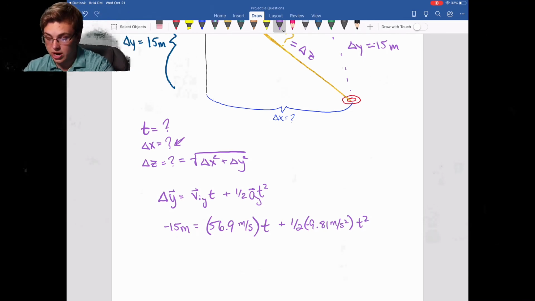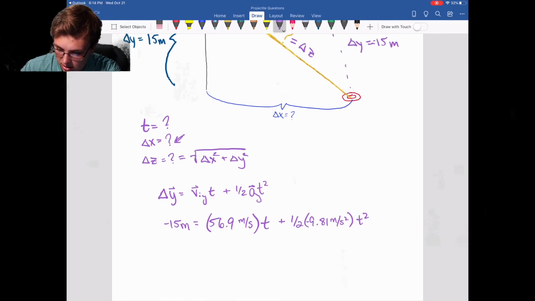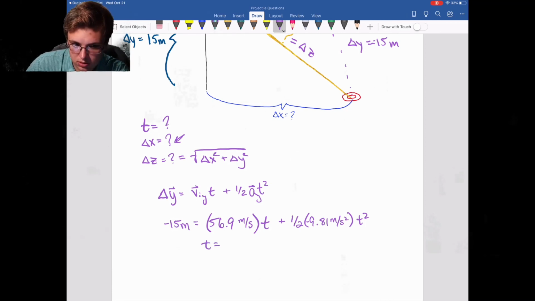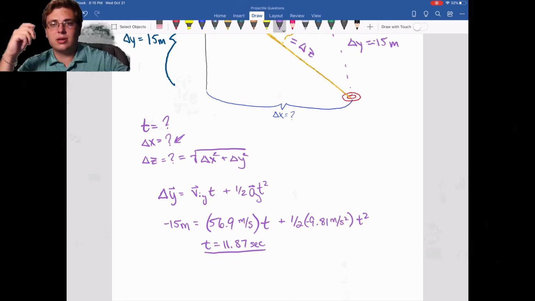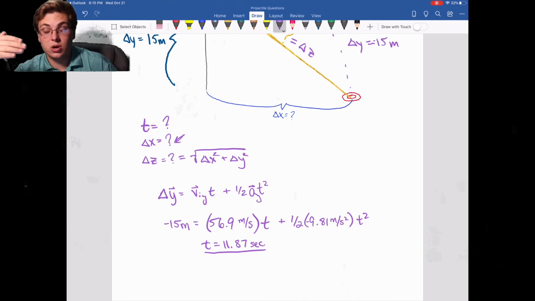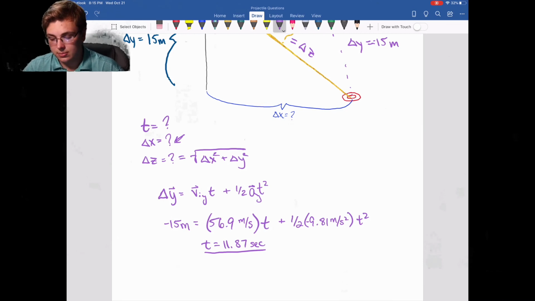When we plug this into our calculator, I get t to equal 11.87 seconds. You can graph it, or use the quadratic formula, negative b plus or minus and so on. You got it. We can go over that too in class if we need to. We have our time now.